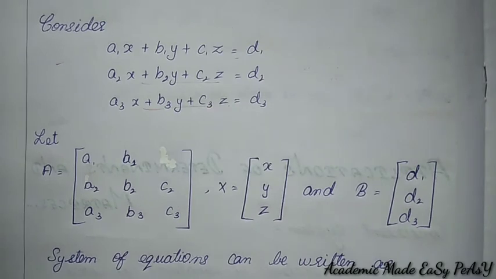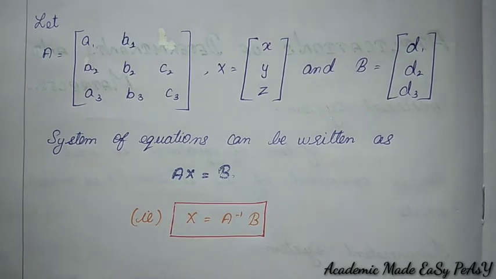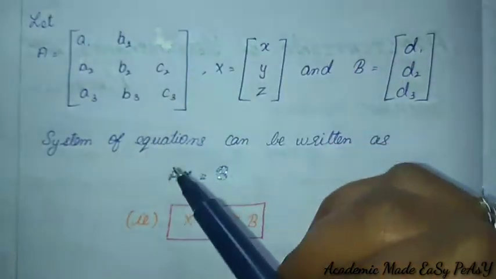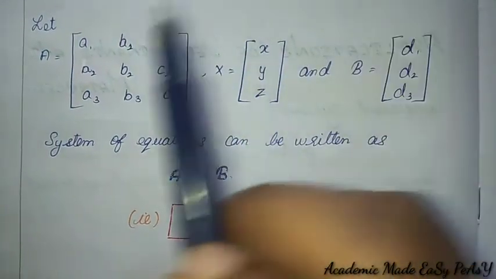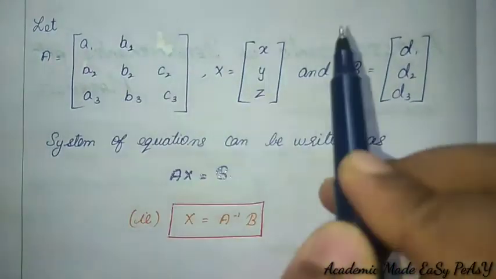Now how will I split this into matrices? You all might ask. Now I'll teach you. I am taking 3 matrices, that is A, X and B. A will contain all the coefficients of X, Y and Z. If only X and Y are given, I will take the coefficients of X and Y alone.